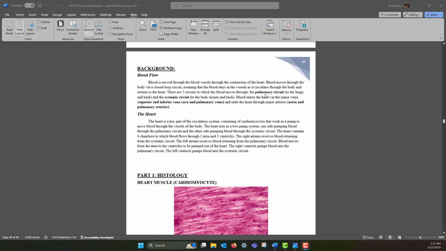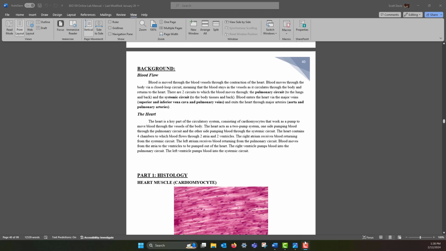The intention of the pulmonary circuit is to take deoxygenated blood to the lungs, where it can pick oxygen up and drop off waste carbon dioxide. The systemic circuit takes oxygenated blood to all the tissues of the body, supplies them with oxygen, and picks up their waste carbon dioxide, so that we can take it back to the lungs to drop off.